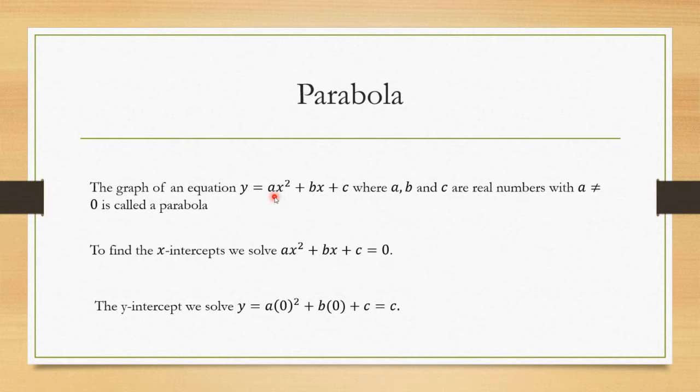Remember, a cannot be 0, but a, b, and c are fixed real numbers. What's nice about this is that it's easy to get the y-intercept. You basically just replace x by 0, and you get the constant term. For the x-intercepts, remember, you set y to be 0, and you have to solve the resulting equation.